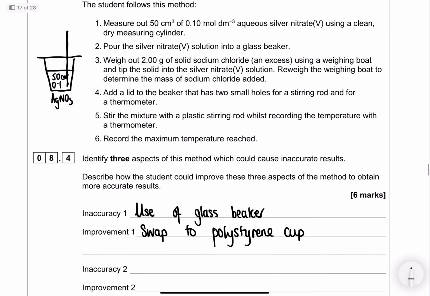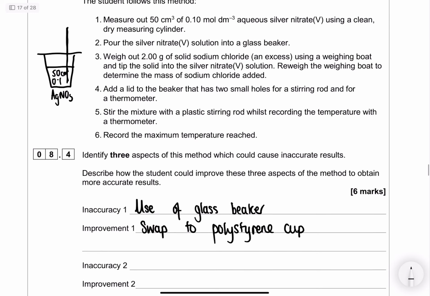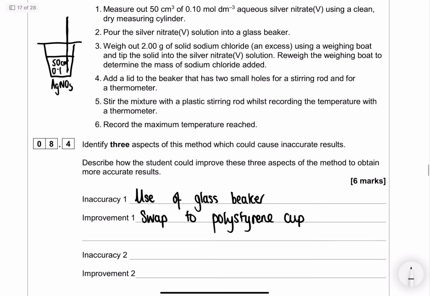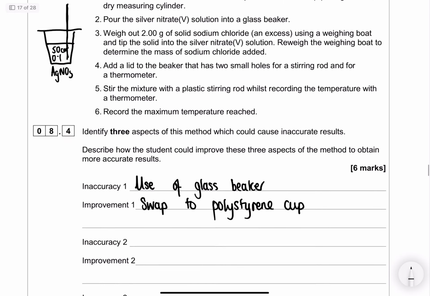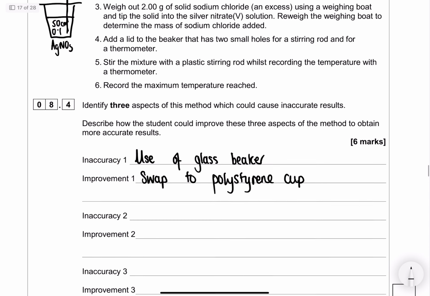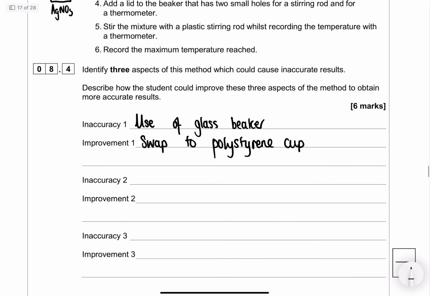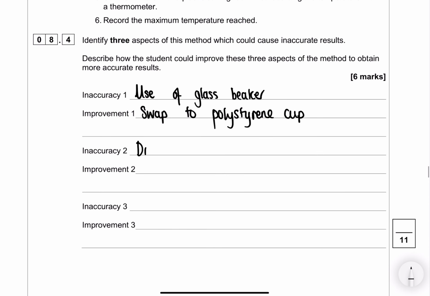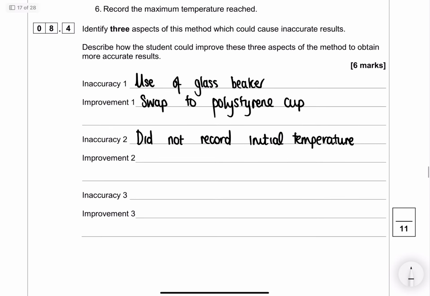Okay. So when did they record the temperature before they added the solid? How will they know how much the temperature changed when they added the solid if they didn't record the temperature at the start? So how would we improve it?